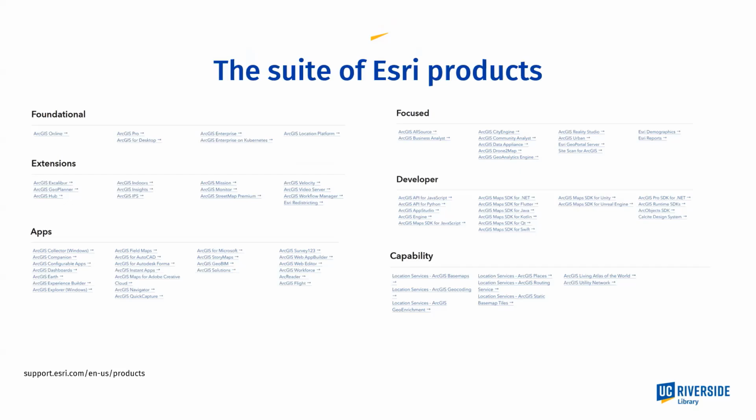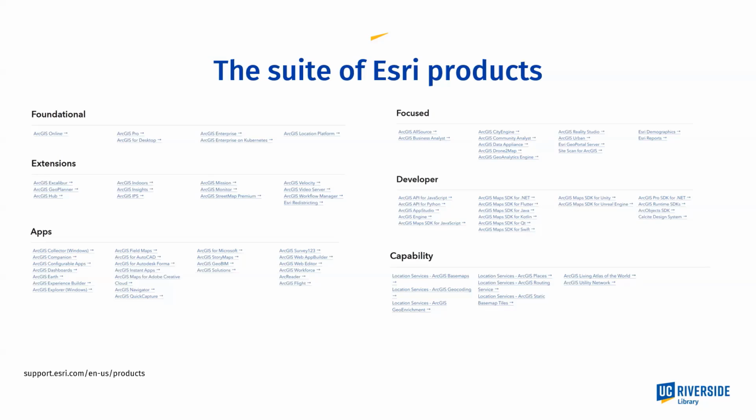I know the print is very small here, but I think you might be able to make out that almost all the products have the phrase ArcGIS attached to them. So that's your clue. If you're seeing something that is an ArcGIS whatever, that is an Esri product. And I don't think I mentioned before that the headquarters of Esri is only 15 miles away from our UCR campus, in Redlands, California. So very close to home for us here in Riverside.